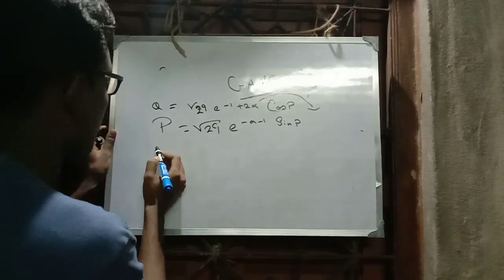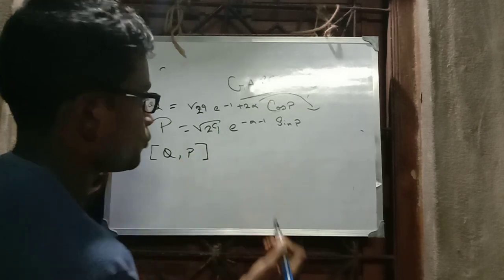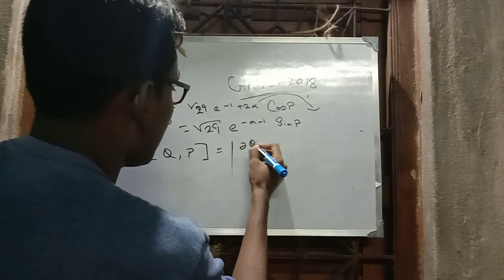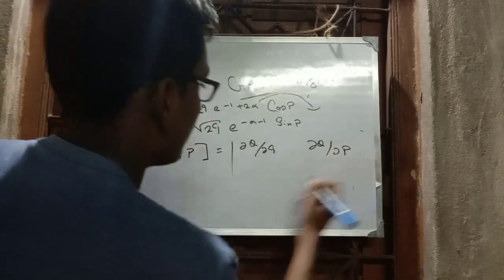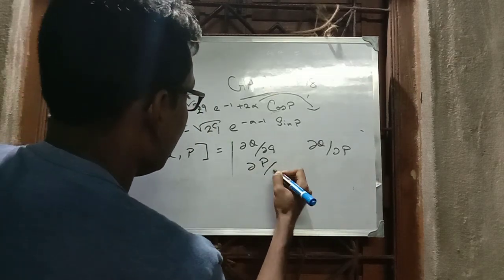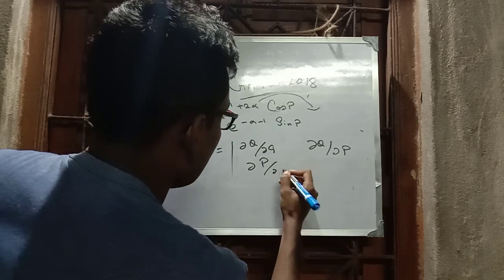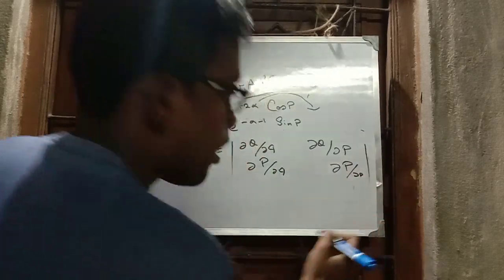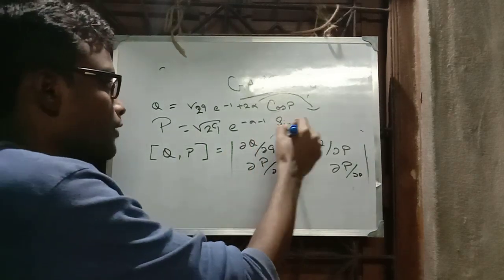So let's start. I have to find the Poisson bracket and compare the result of the Poisson bracket with 1. The Poisson bracket, that means delta Q delta q, delta Q delta p, very easy, delta P delta q, and delta P delta p. So you have to find out these values.